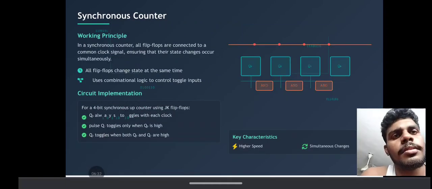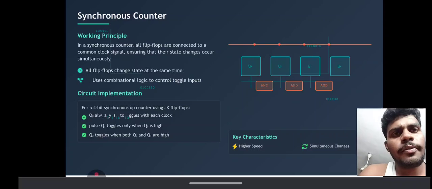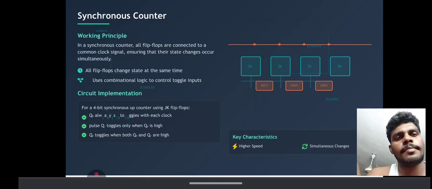Synchronous counter working principle: in synchronous counters, all the flip-flops are connected to a common clock signal, ensuring that the state change occurs simultaneously. All flip-flops change at the same time. Combinational logic circuits are used for the inputs.